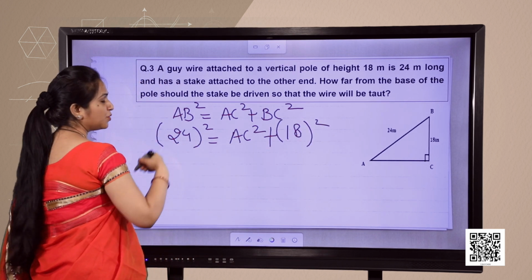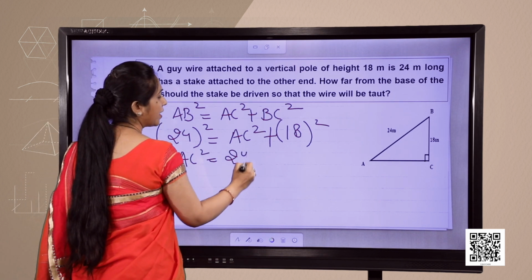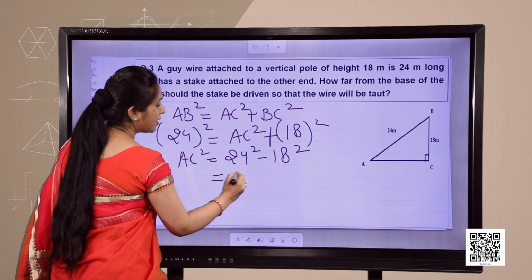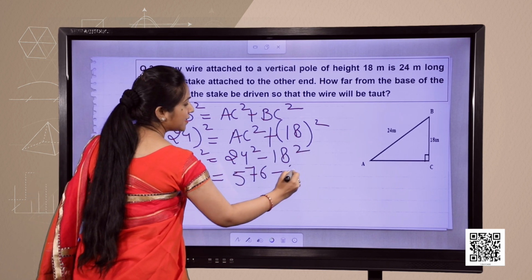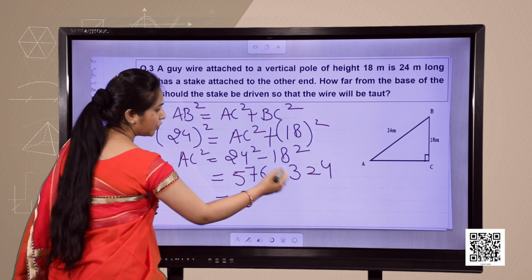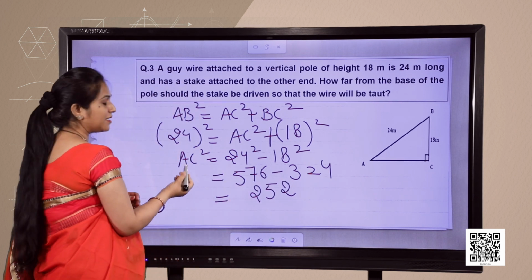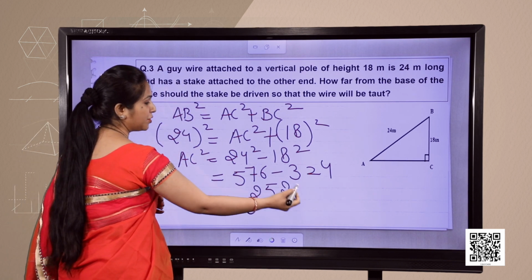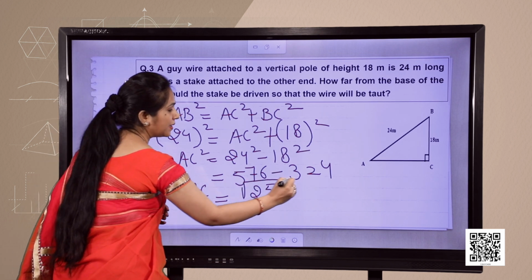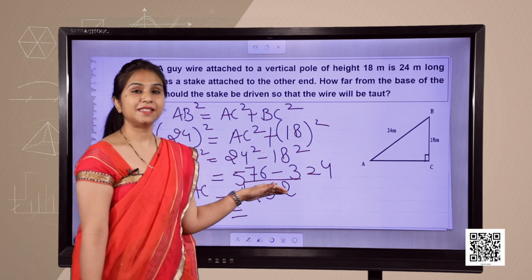So now do the transposition, we can write AC square is equal to 24 square minus 18 square. Now square of 24 gives you 576 minus this is 324. Now after doing subtraction, you will have 252. Now children, this is AC square is equal to 252. So now when you remove the square from one side, you will have root on this number. So children, I know the answer, but I am leaving this here only.